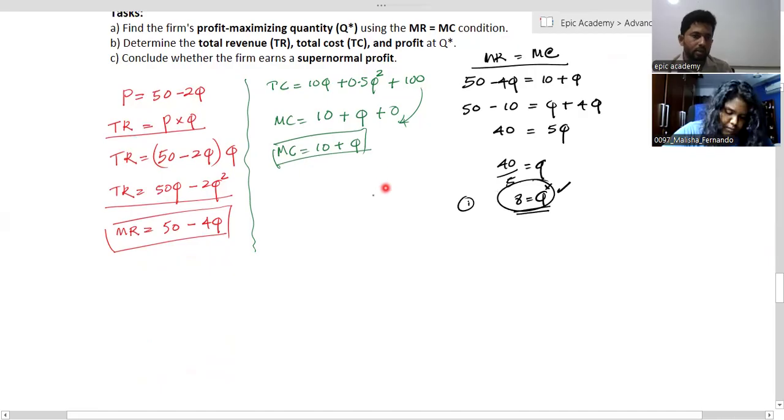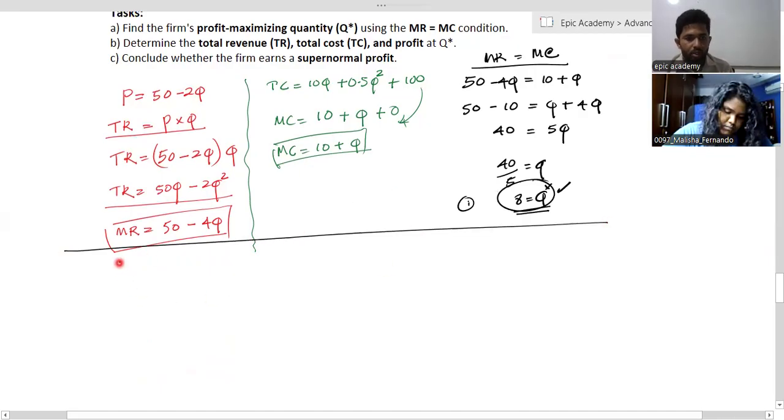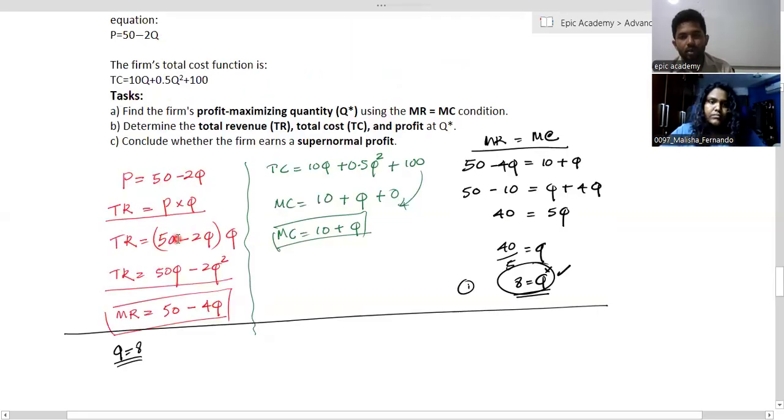Okay. Yes, sir. Right. Now you got the idea for the Q, it is 8. But you don't have any idea related to the price. If you can find the value for the price, it's very easy to identify the revenue and cost.